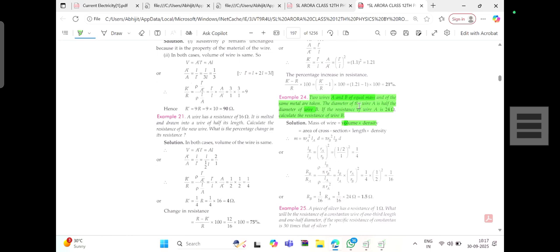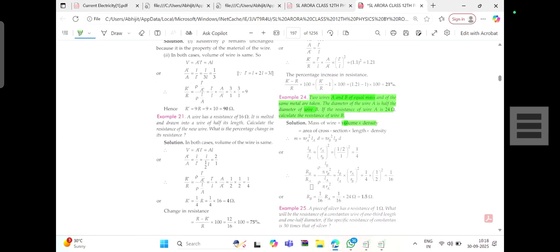Following this statement, we do it. That means LB by LA is equal to 1 by 4.